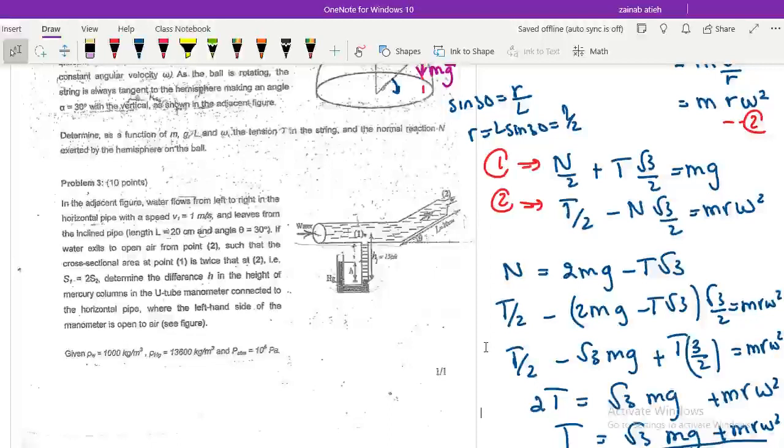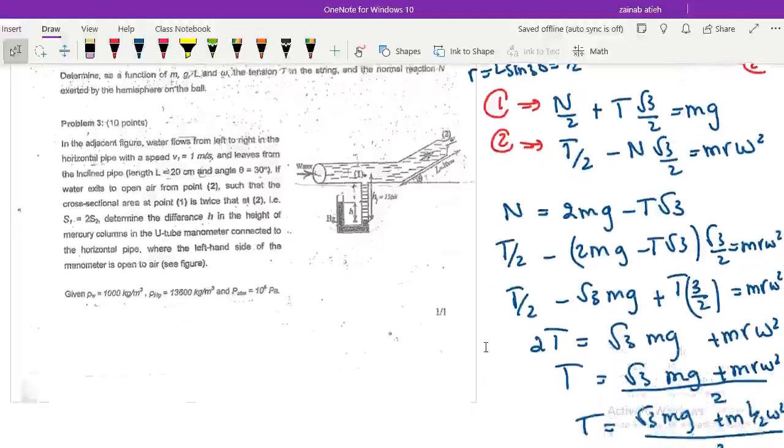So here we have a U-tube at the bottom, the lower part of the tube, and this U-tube is connected from one side to point 1 and it's open to air on the other side. So let's deal with this one and try to find the answers. You'll see it's similar to the others, it's just a different shape.